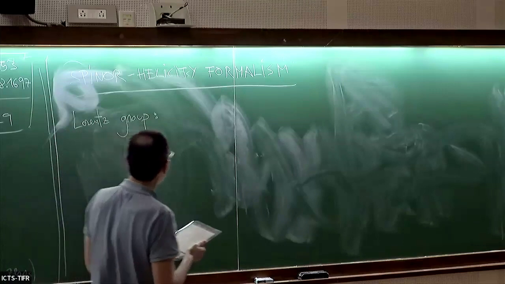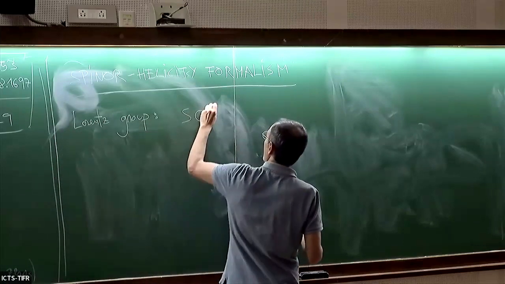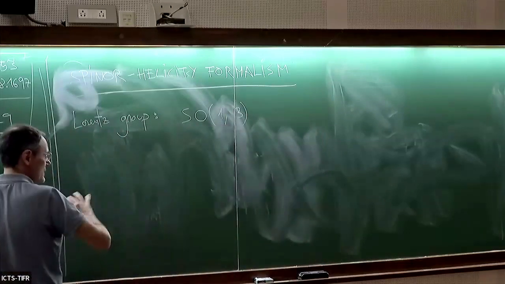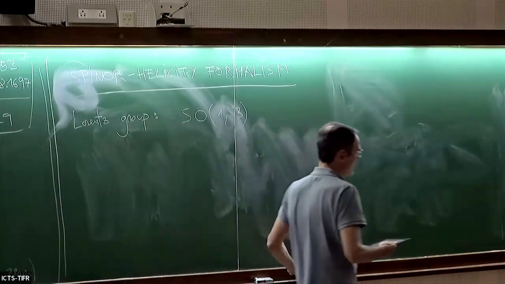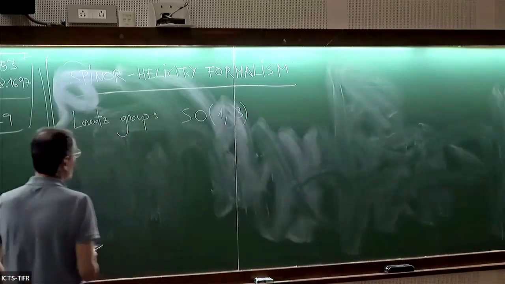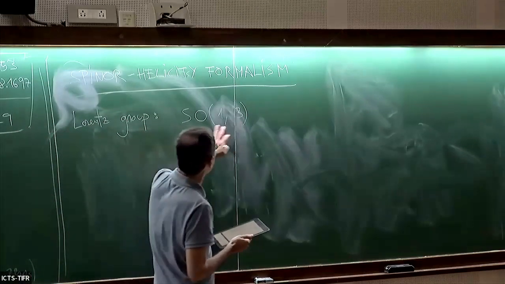Usually the Lorentz group is defined by rotations that leave the four-momentum, the four-vector, invariant.